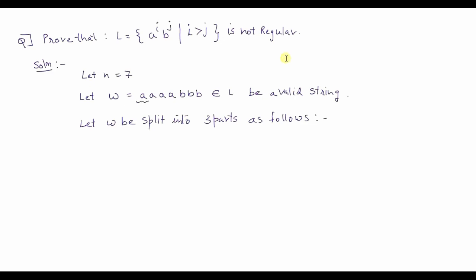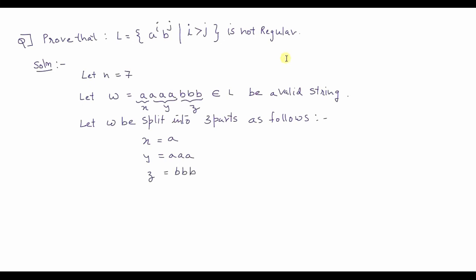What I'll do is this first A I will consider as x, then the remaining 3 A's which are there I will consider as y, and whatever remaining 3 B's which are there I will consider this as z. Okay, let's check whether this works. So as follows: x will be a single A, y will be 3 A's, and z will be 3 B's.